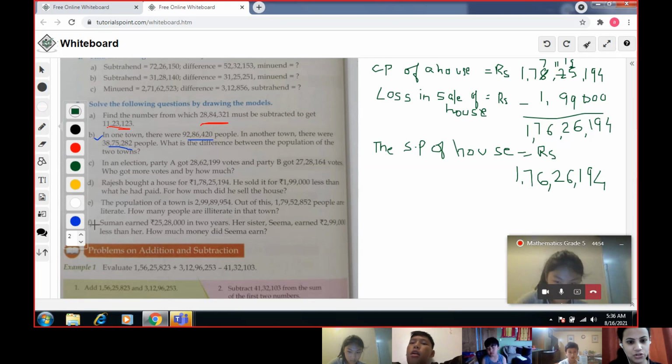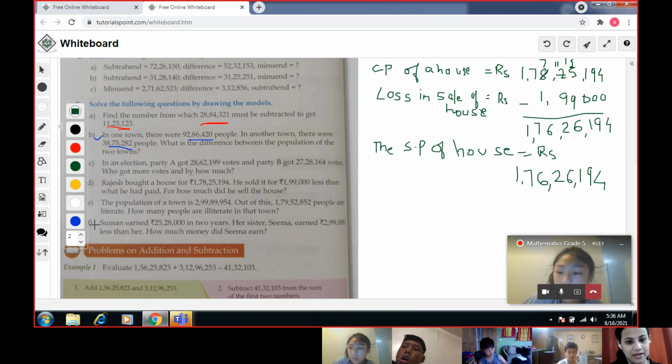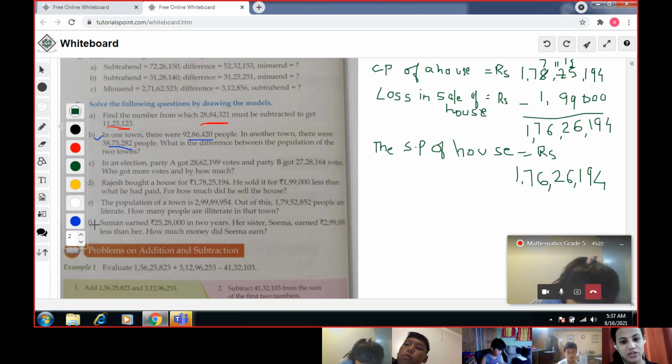Now see the next question. These two questions are your homework. I am explaining how to do. The population of a town is 2 crore 99 lakh 89,954. Out of this, 1 crore 79 lakh 52,852 people are literate.